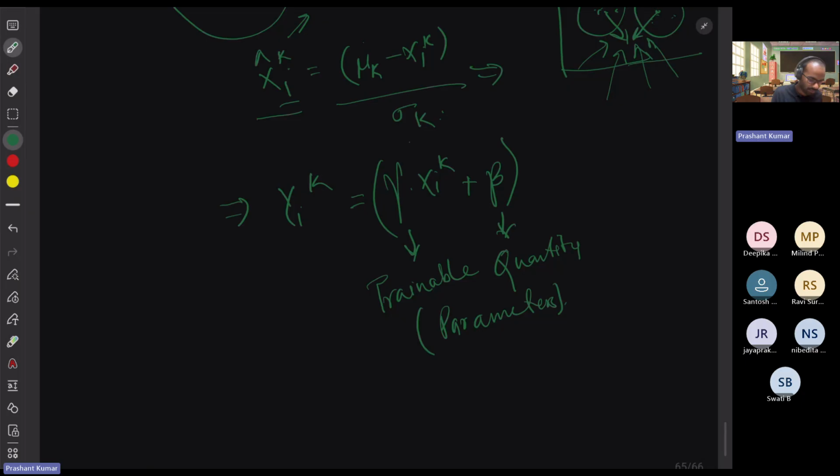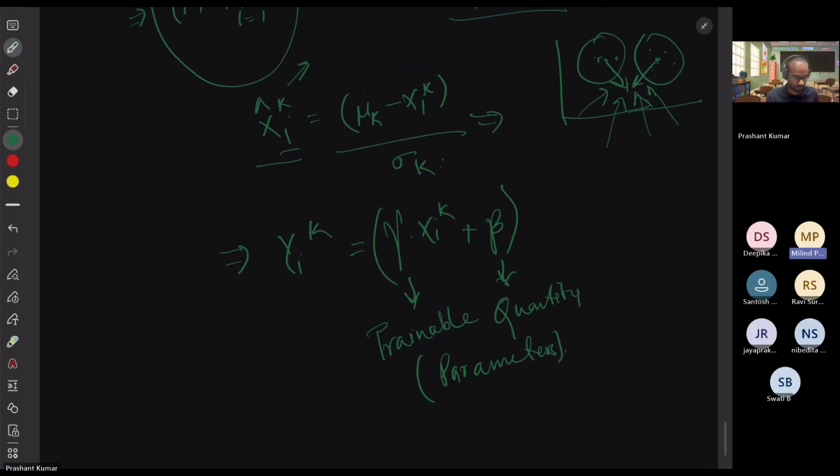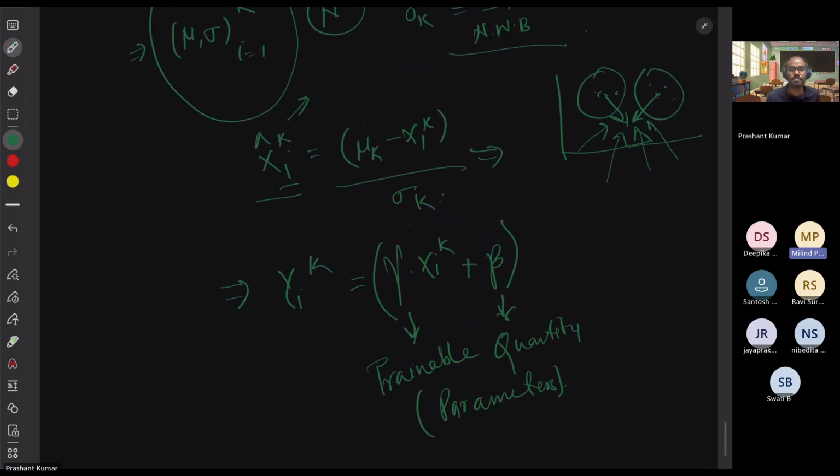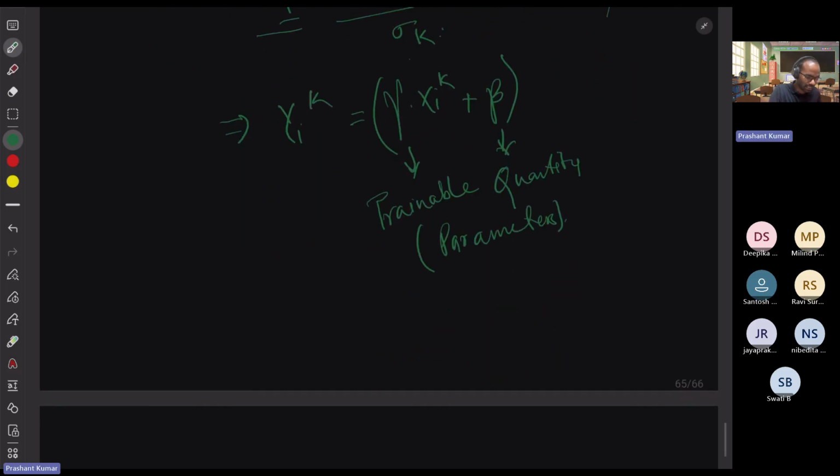Gamma and beta are such that for the same gamma and beta value for all the batches, we get the same mu and sigma, correct? Yes.